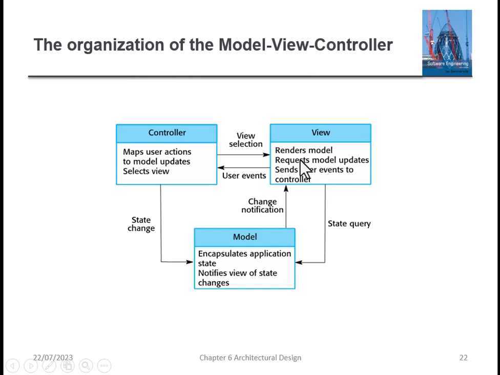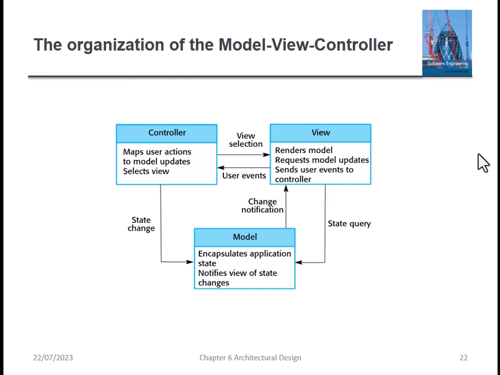The view requests model updates and sends user events to the controller, and then through the controller all these transfers and changes of data happen. And obviously when we deal with software or a process, we must deal with data, and changes in data are expected anytime.